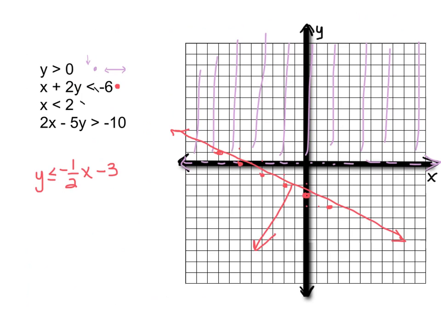Now, all of this down here doesn't matter because what I'm looking for is where these 3 different colors intersect. The only place that the red and the purple will intersect is this little triangle right here. Now let's look what happens if we do the next one in green. x is less than or equal to 2.